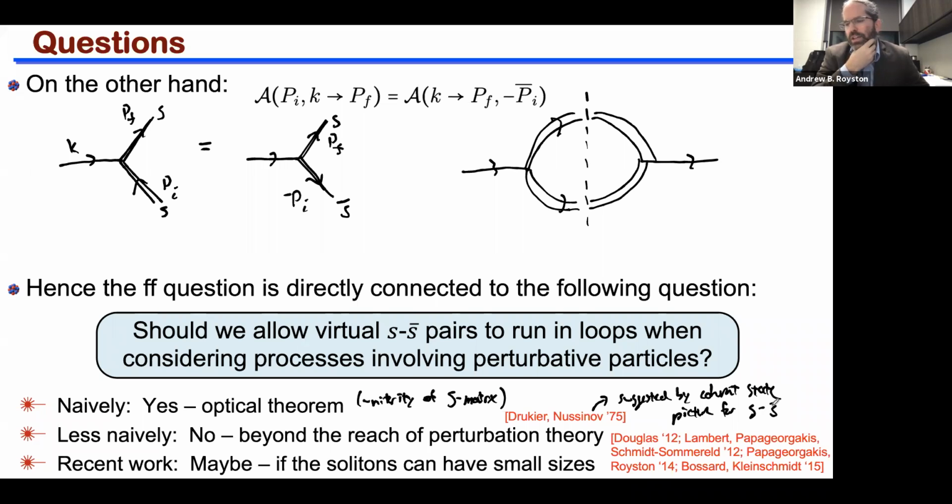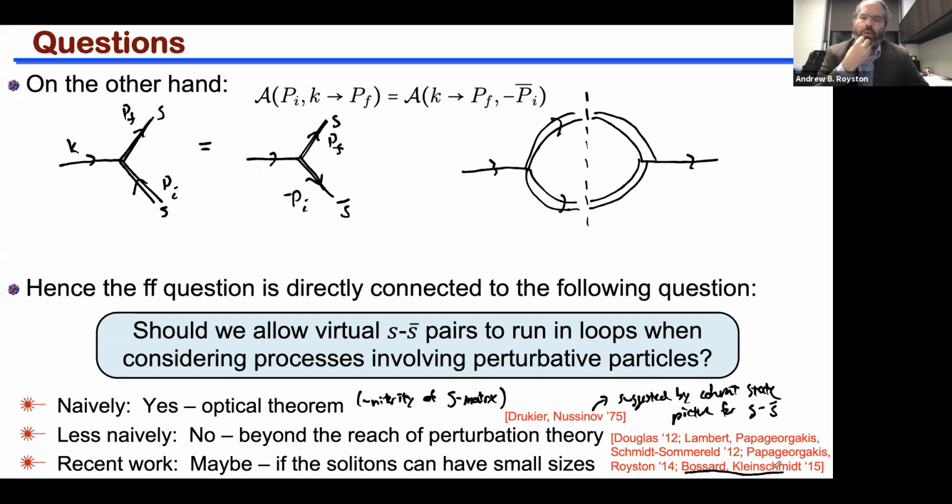This has been suggested in a few papers in relation to solitons possibly leading to contributions that aren't exponentially suppressed in certain non-renormalizable theories, like instanton solitons in five-dimensional gauge theory. And the work by Bossard and Kleinschmidt has been about small black holes in supergravity. They're actually running these things in loops using the exceptional field theory framework that they've developed. So it's been an interesting question in the past five years that's come up again.